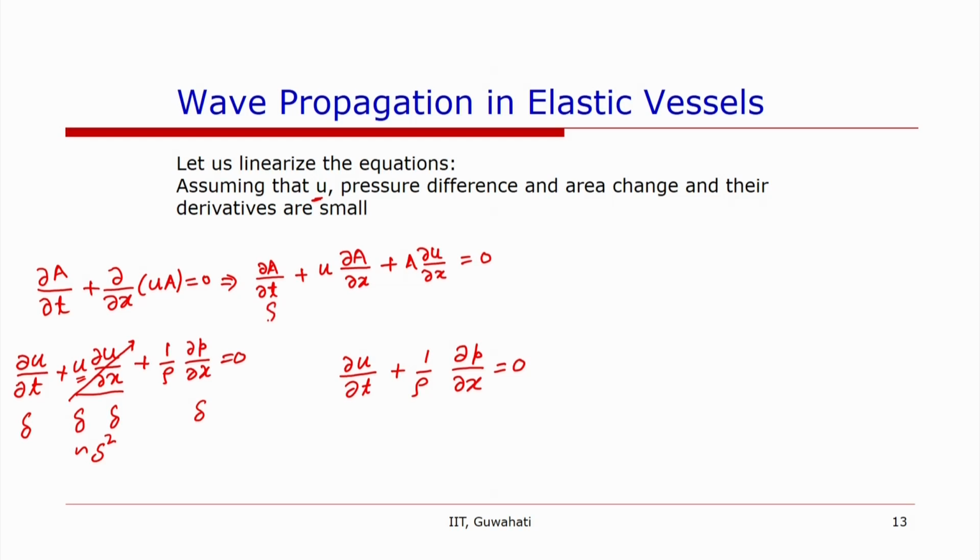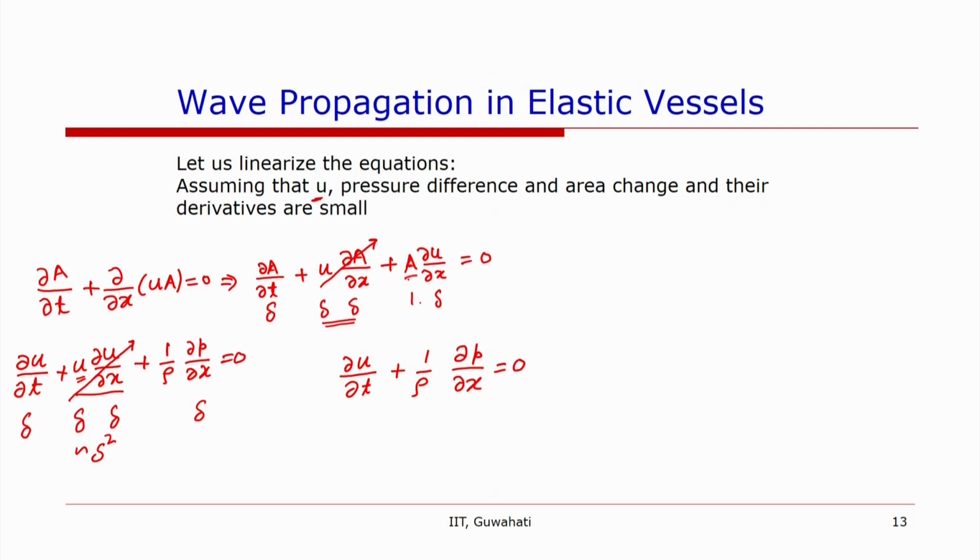Again, this term will be of the order of delta. This will be delta into delta, and A is large anyway, so we cannot say what this is going to be. If A is say of the order of 1 and del U by del X is again delta, so this term is going to be small in this case, and we will have to neglect this.